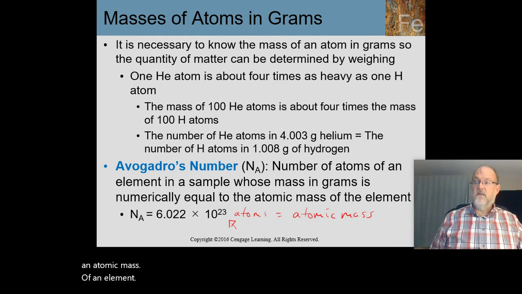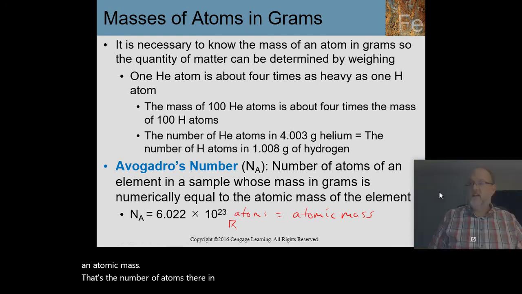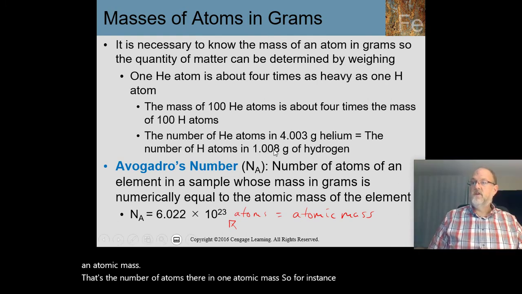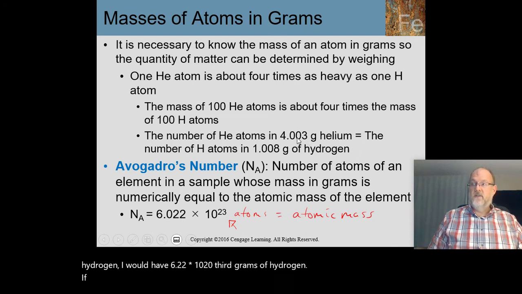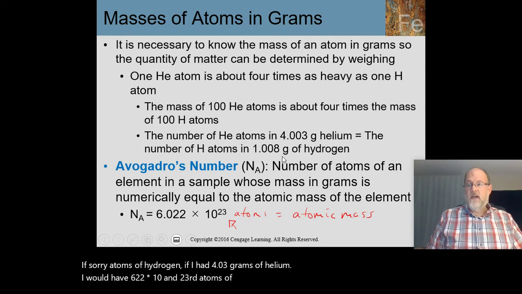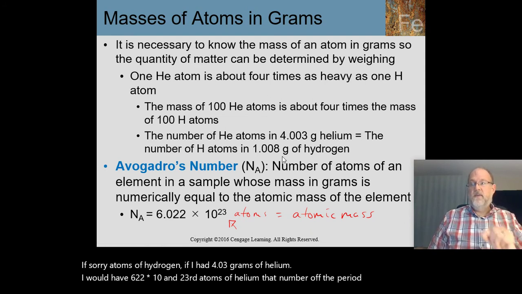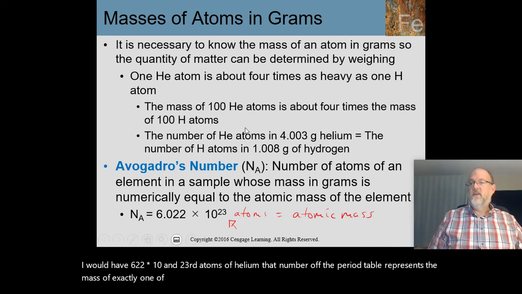That's the number of atoms that are in one atomic mass. So, for instance, if I had 1.008 grams of hydrogen, I would have 6.022 times 10 to the 23rd atoms of hydrogen. If I had 4.03 grams of helium, I would have 6.022 times 10 to the 23rd atoms of helium. That number off the periodic table represents the mass of exactly one Avogadro's number of the atoms.